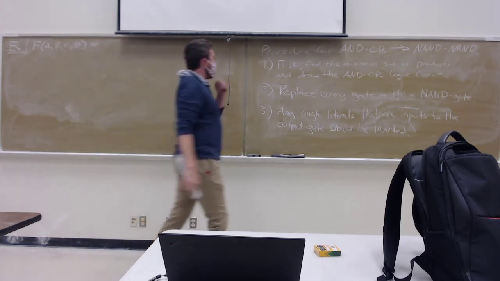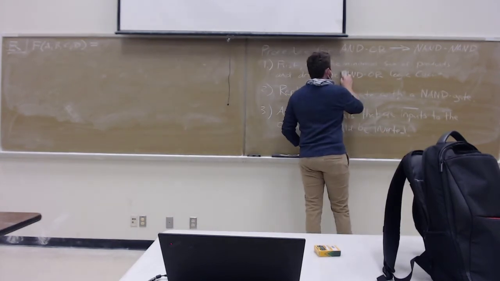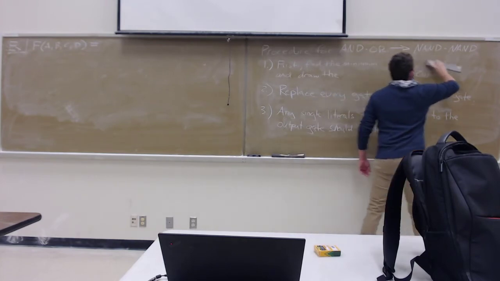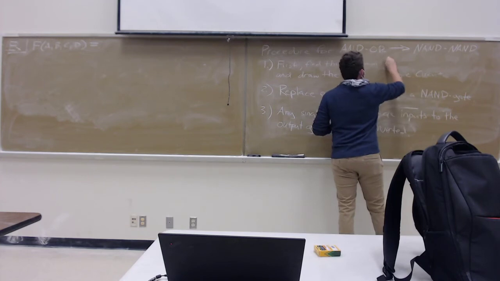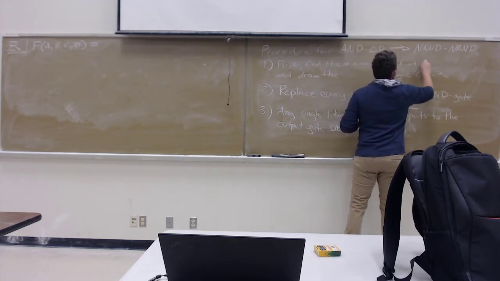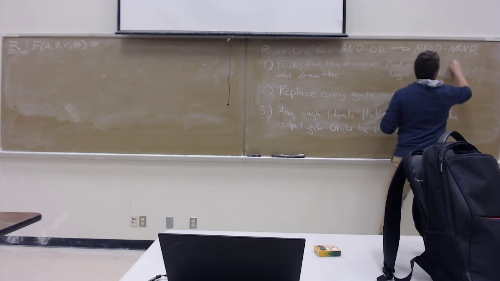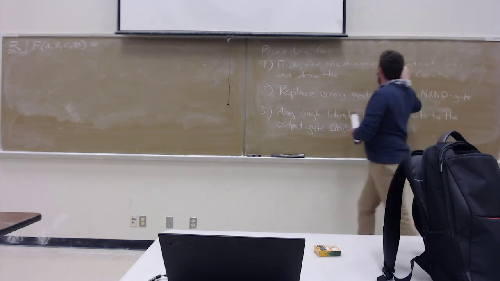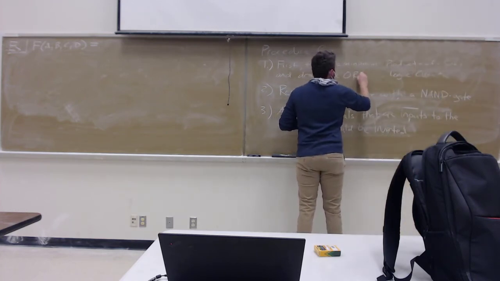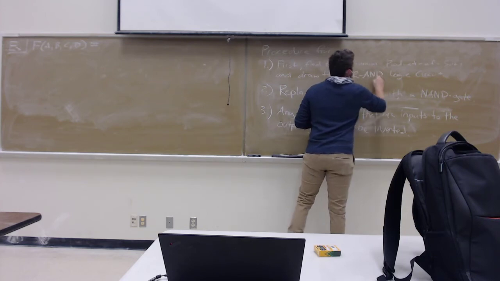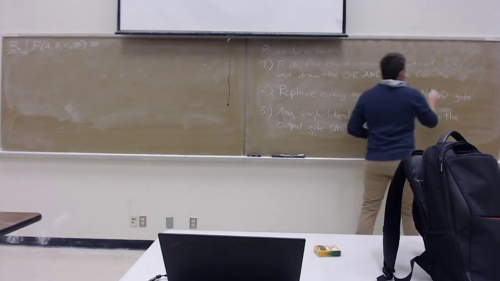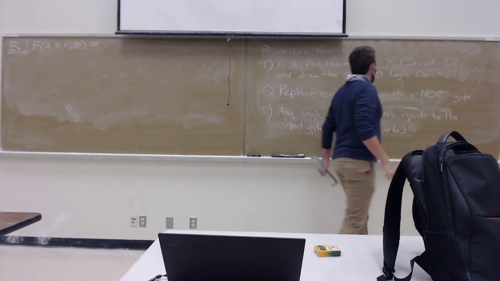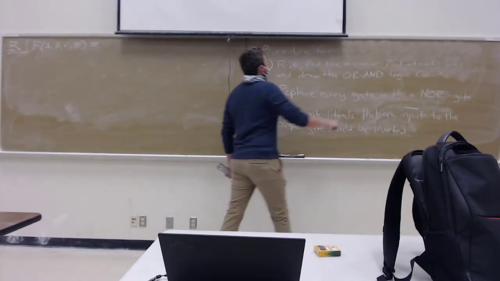All we have to do to change it to NOR, NOR is replace the sum of products up here with a product of sums, so that we can get an OR AND logic circuit, and then we replace every gate with a NOR gate. Other than that, everything stays the same. So this is the procedure we're taking.